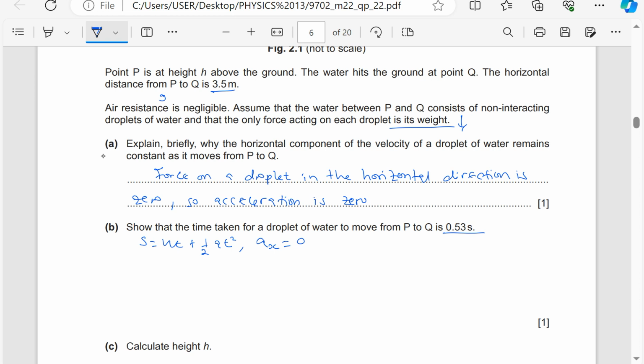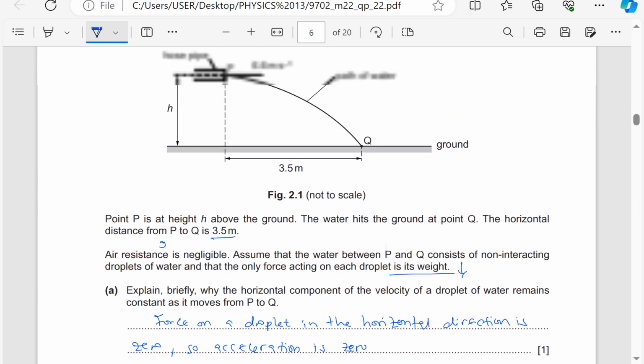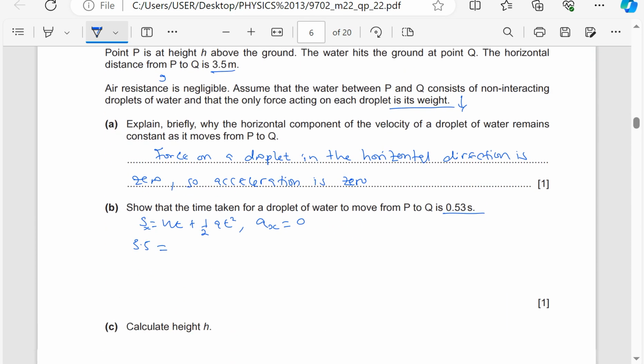When I say ax, it means acceleration in the horizontal or in the x direction. So the distance in the horizontal is 3.5. This is s in the horizontal. Initial velocity in the horizontal was given as 6.6. So I'll say this is equal to 6.6 times t, of course, plus 0, because acceleration in the horizontal is 0. So t is going to be 3.5 divided by 6.6.